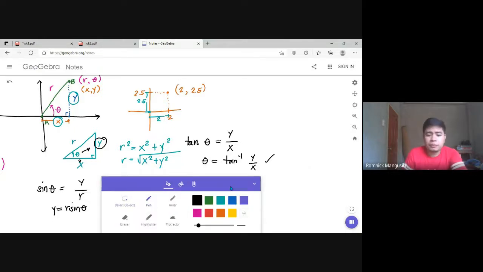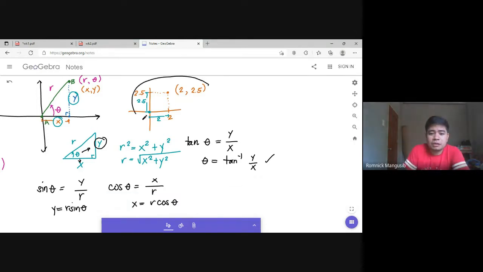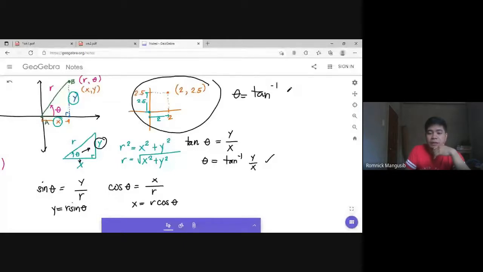Okay? So pagbabalikan natin itong illustration na to, since nakikita mo x is 2 and y is 2.5, then you can now have the angle. Angle is equal to arctangent of y is 2.5 and x is 2.